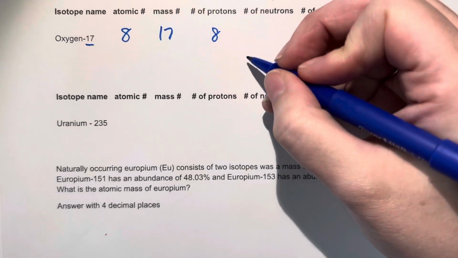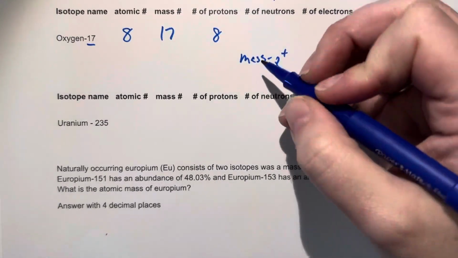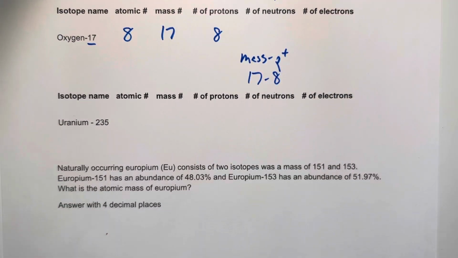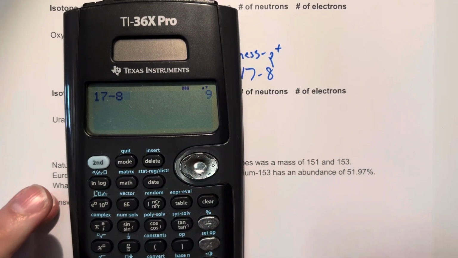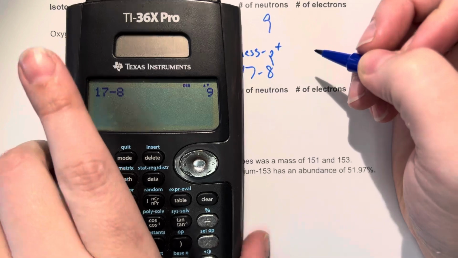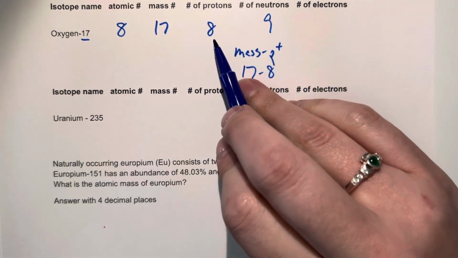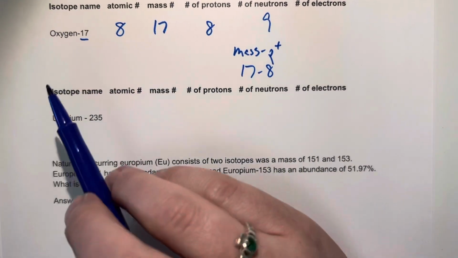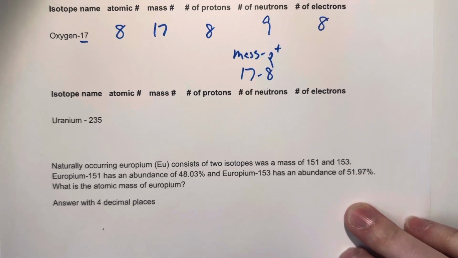My number of neutrons is going to be my mass minus my protons, so I will have 17 minus 8. Gives me 9. And my number of electrons is assumed to be the exact same as my number of protons unless there is a charge stated. There is no charge stated, so that means it's going to be the same as my number of protons. So my number of electrons is 8.